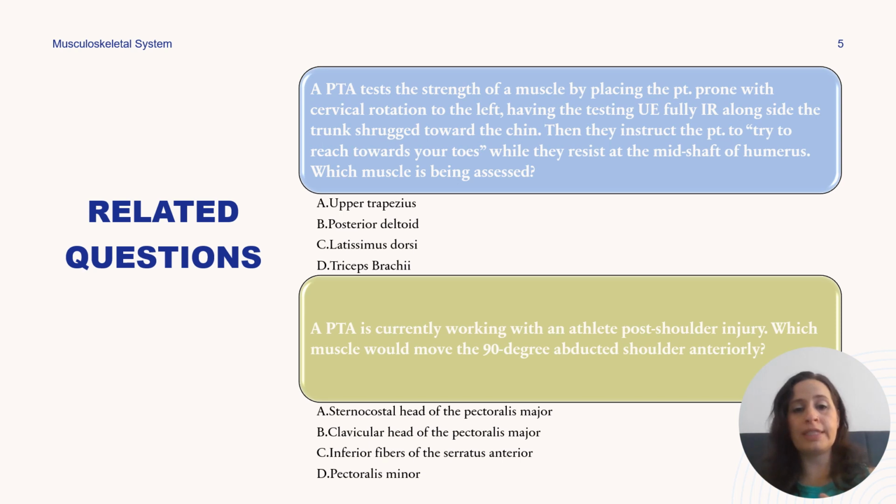It has no attachments to the humerus itself. It has attachments to the spine and the scapula. So while it can help with lifting the scapula and then maybe lifting some of the shoulder complex, all that internal rotation has nothing to do with the upper traps. Which leaves me with the lats, which makes sense.